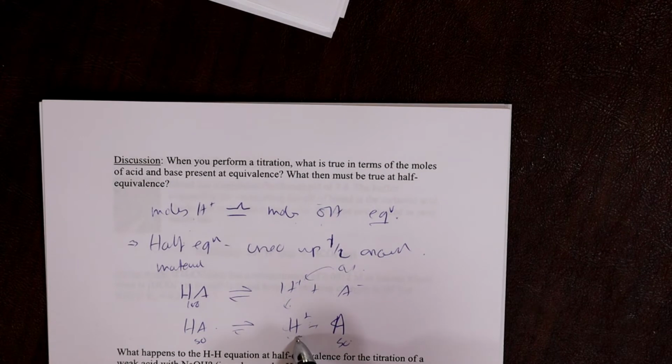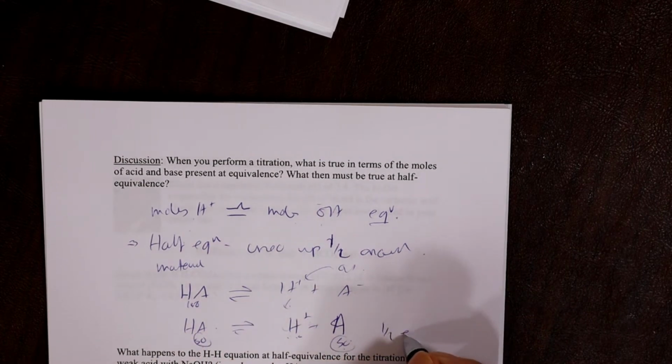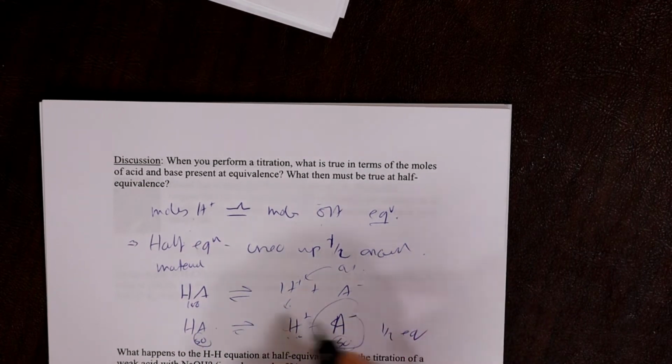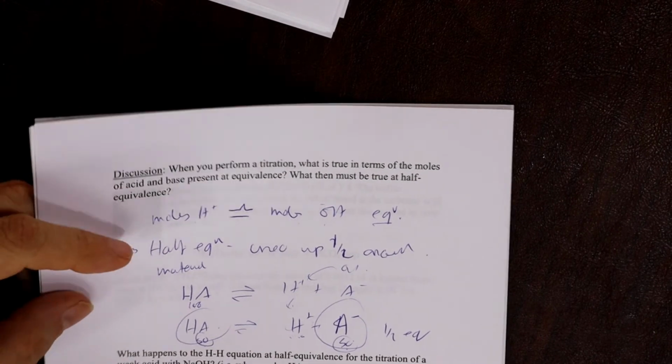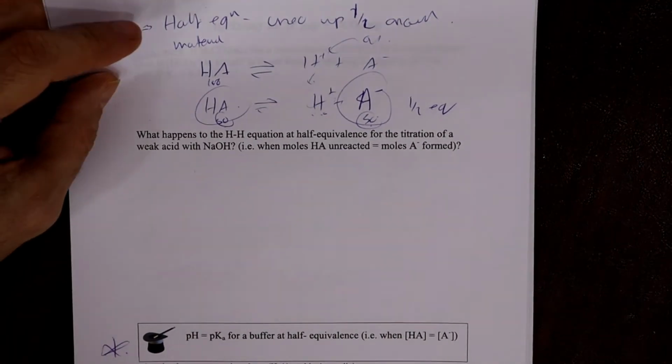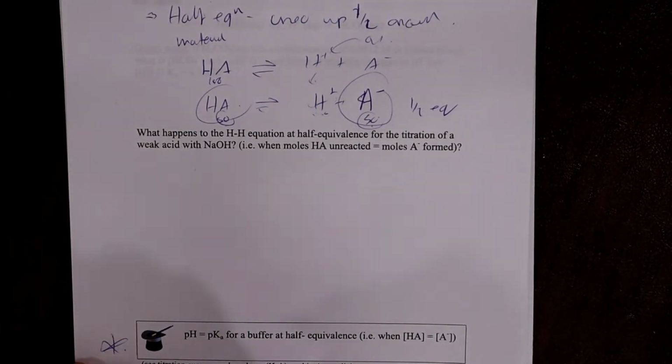These are continually being removed. So 50 and 50, equal amounts, half equivalents. Bottom line is equal amounts of A minus and HA after you've added half enough titrant to get rid of half of the amount of stuff you're titrating.